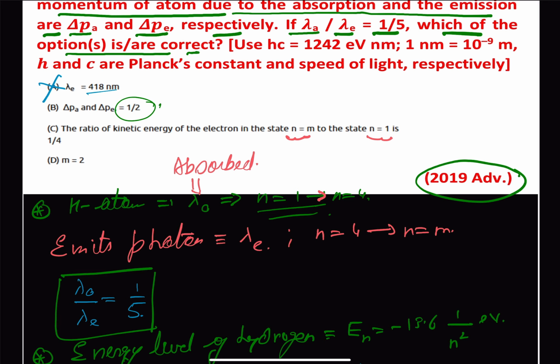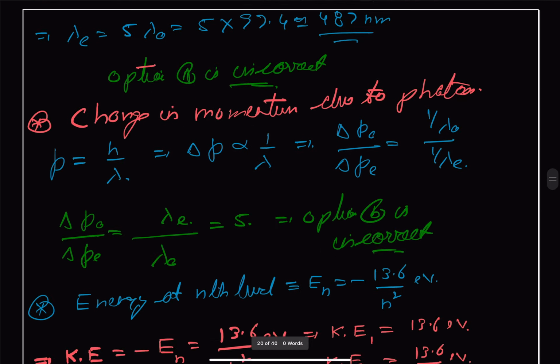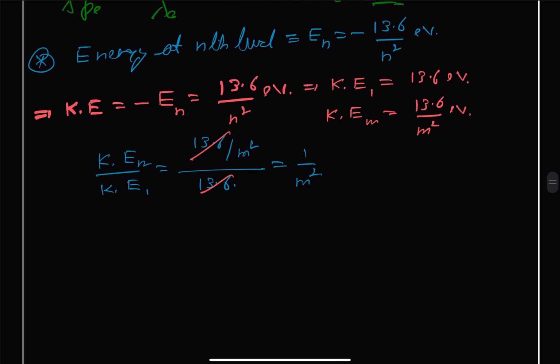Ratio of this is 1 by 4. Okay, and in option C, it is given that this ratio is equal to 1 by 4. So from here we can say value of m is equal to 2.